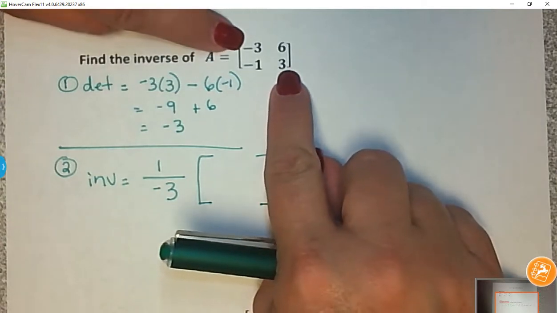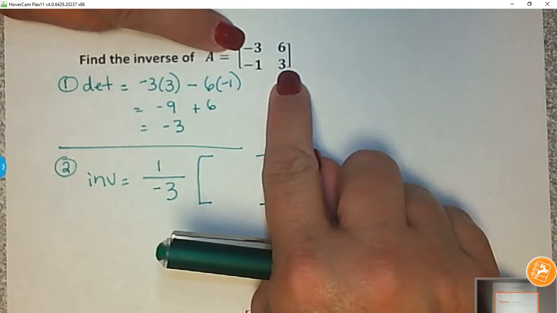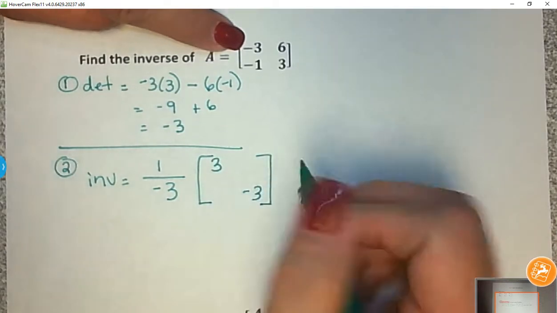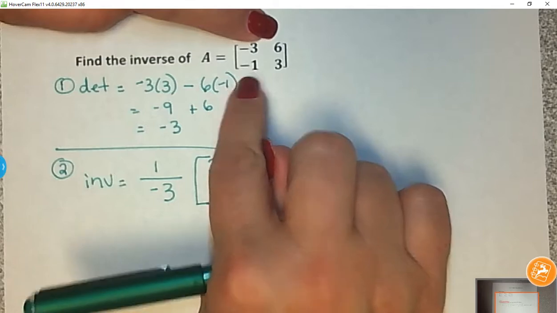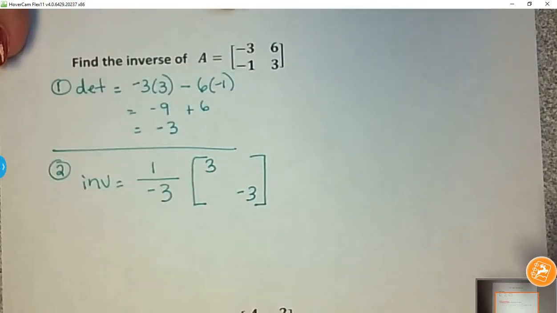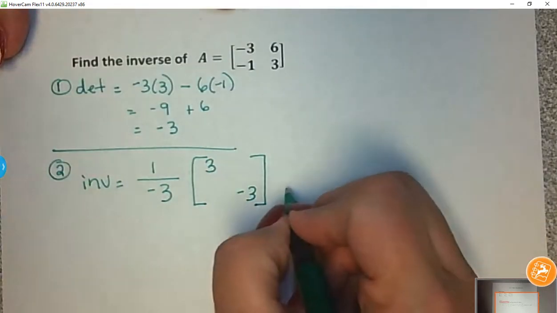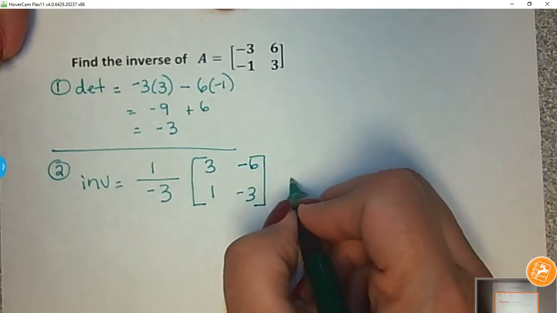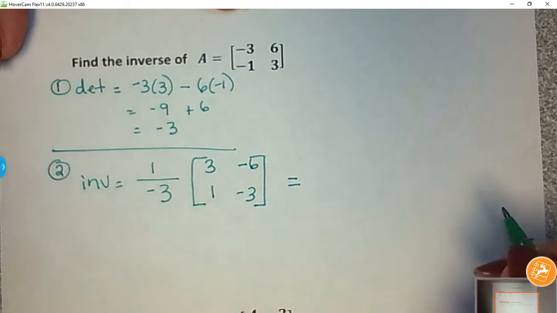So this -3 and +3 swap places. My 6 and -1 stay where they are, but I change the signs. So that's going to be a -6 and a +1. Use your scalar multiplication.